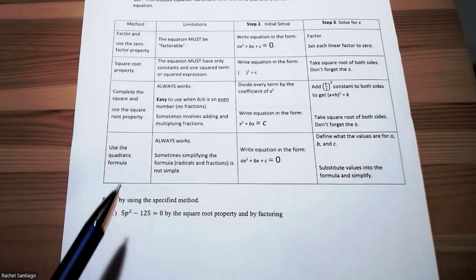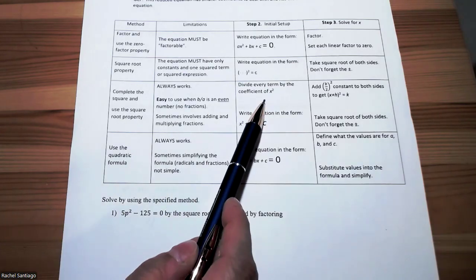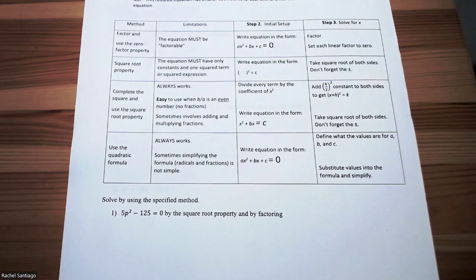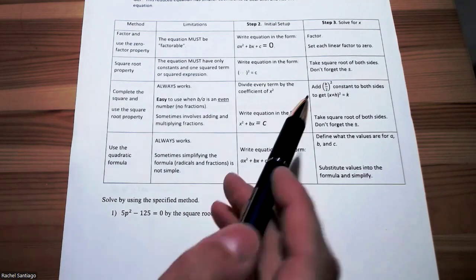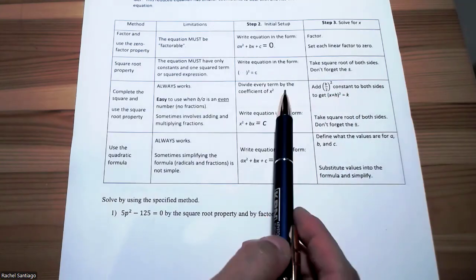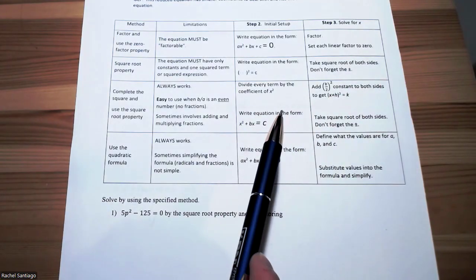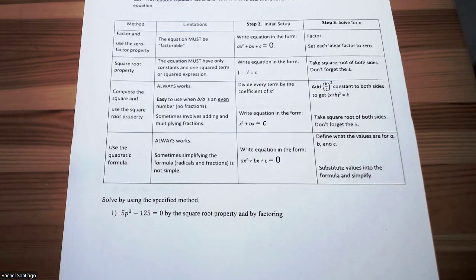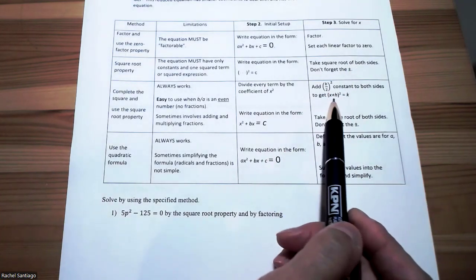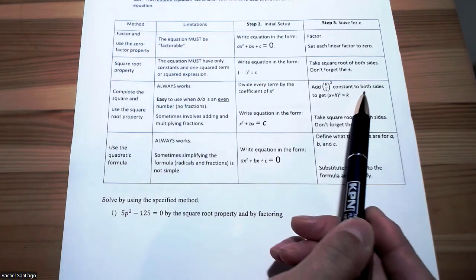We'll go through the motions of completing the square, but remember that what you're doing is you're cutting your linear term in half, that coefficient, your b. You're cutting that in half, you're squaring it, and then you're adding it to both sides. So essentially, you're going to prepare this equation such that it looks like the square of a binomial equal to a constant.